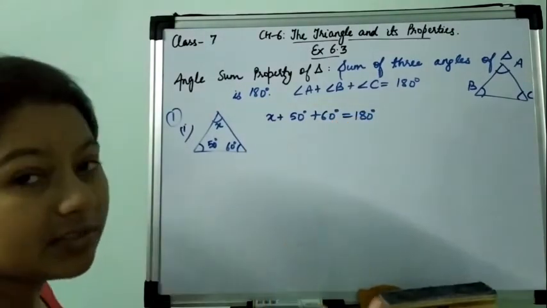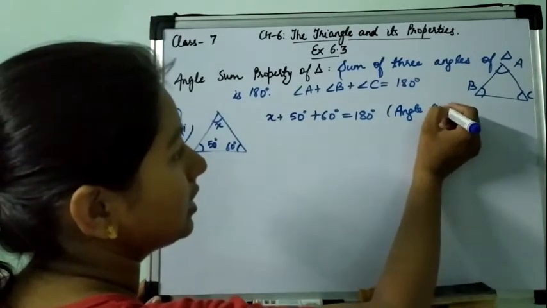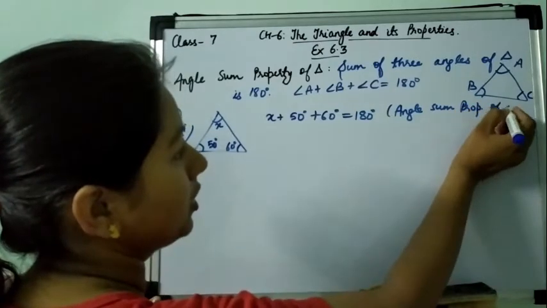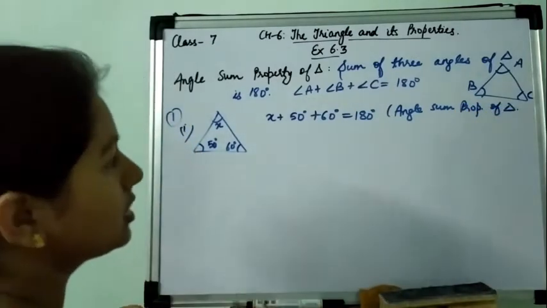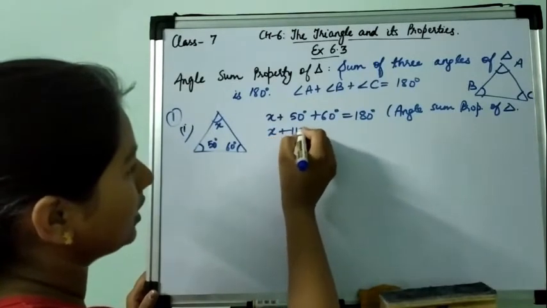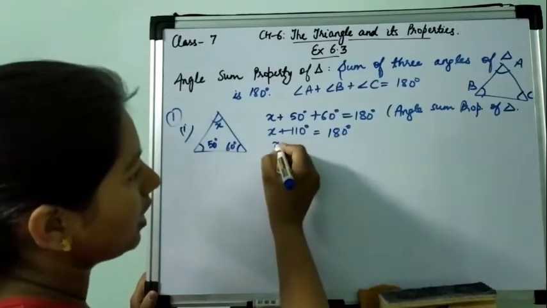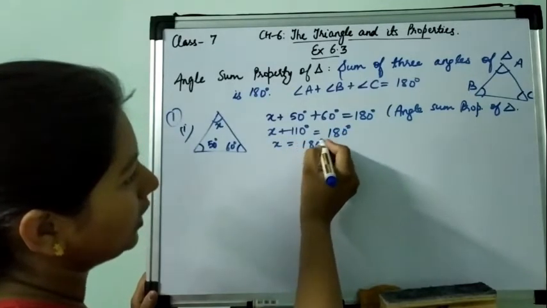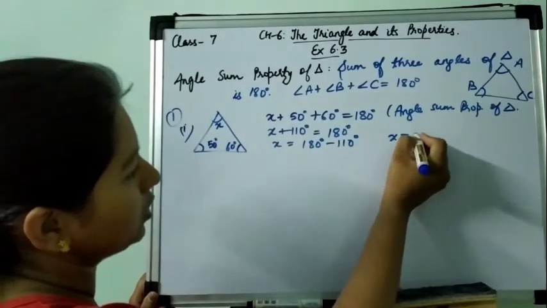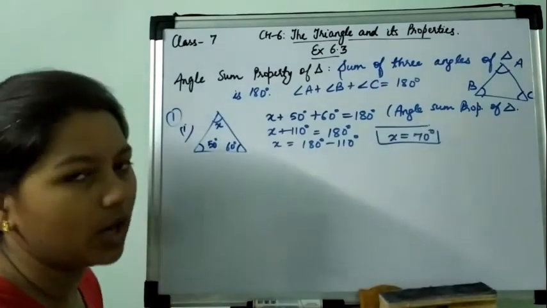Now why is this 180 degrees? Reason: angle sum property of triangle. So x plus 110 degrees is equal to 180 degrees. x is equal to 180 minus 110, so x is equal to 70 degrees, and this is our final answer.